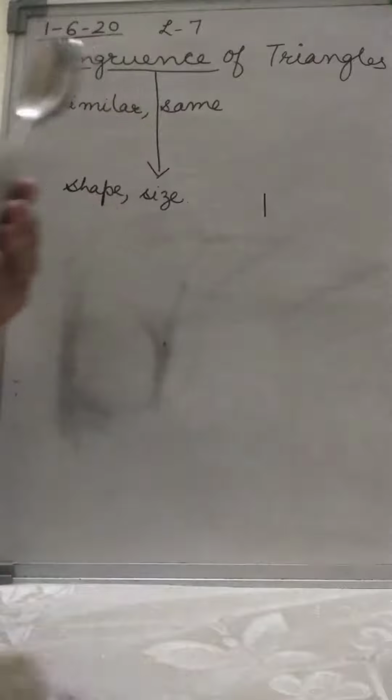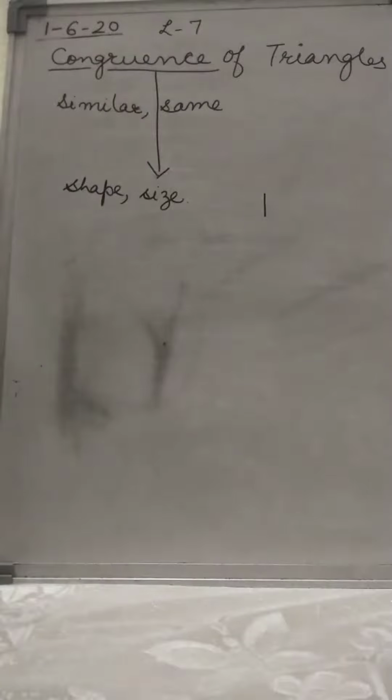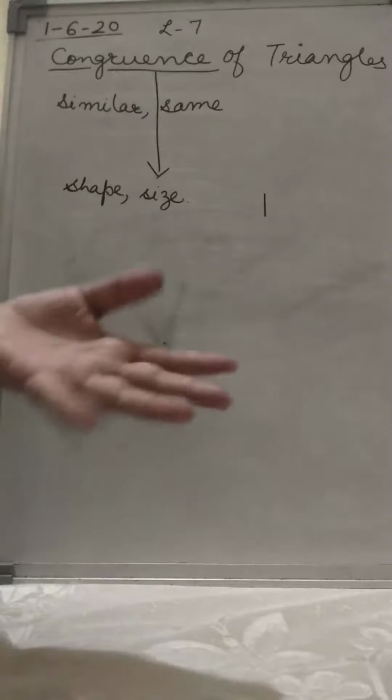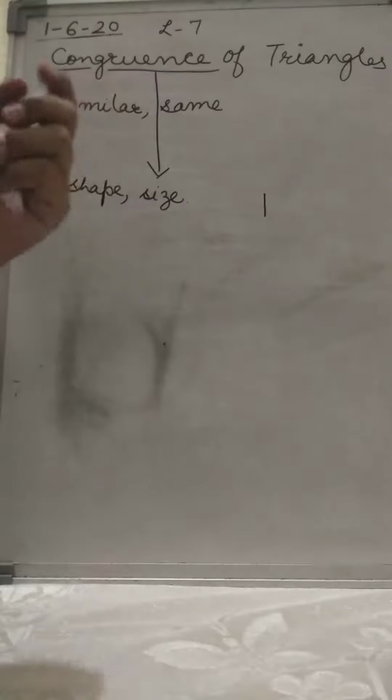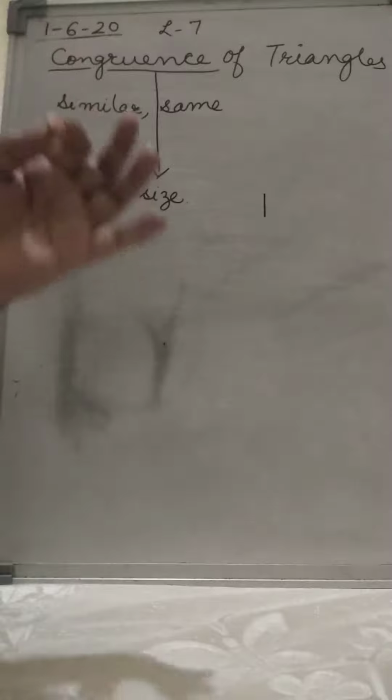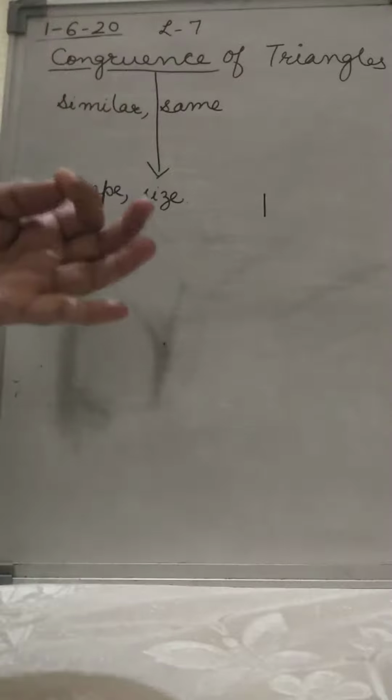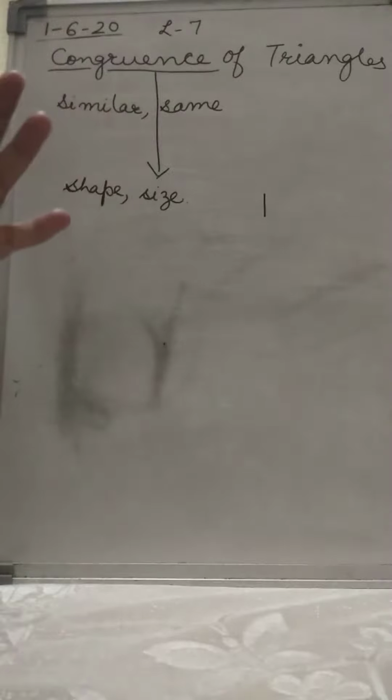Similarly, the plates are congruent, and even in your daily life, coins, all the 10 rupee notes, 50 rupee notes, they are congruent to each other because they are exactly the same in shape and size.